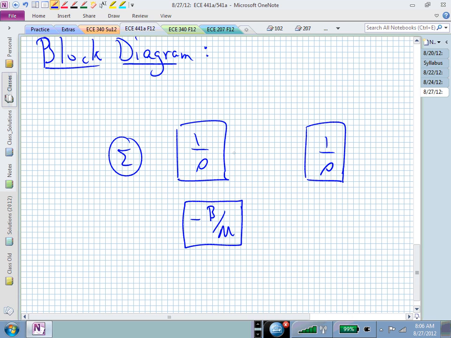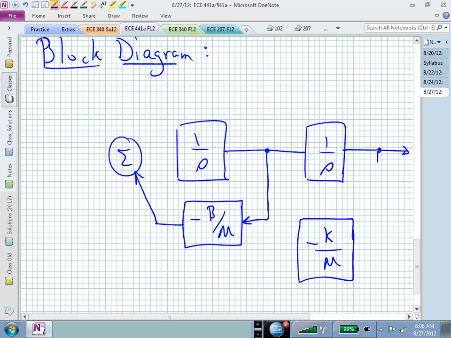Then we had this feedback path from the first integrator's output feeding back into this summing junction, and we had another gain feeding back the information from the output of the second integrator block.